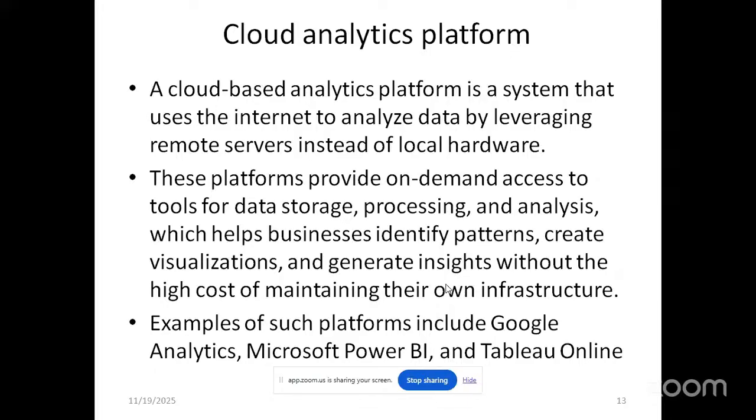It provides on-demand access to tools for data storage, processing and analysis, which helps businesses identify patterns, create visualizations and generate insights without the high cost of maintaining their own infrastructure.